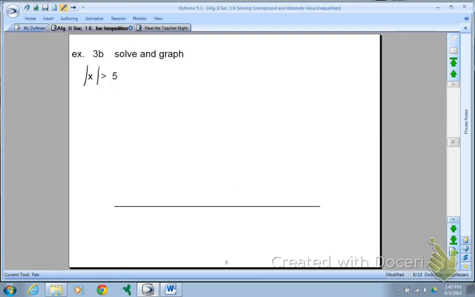Now, when you have an absolute value is greater than 5, what word goes with greater? Or. So we take it out of the absolute value, x is greater than 5, or take it out of the absolute value. When we go to put it to the negative, what do we do with the symbol? We flip it. Always flip when we go to put it to the negative.